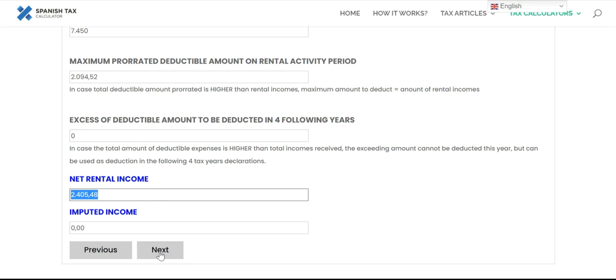So imagine that you have not any further properties in Spain, then this will be the amount that will be considered for the section of the income tax declaration which talks about your property, your rental incomes.